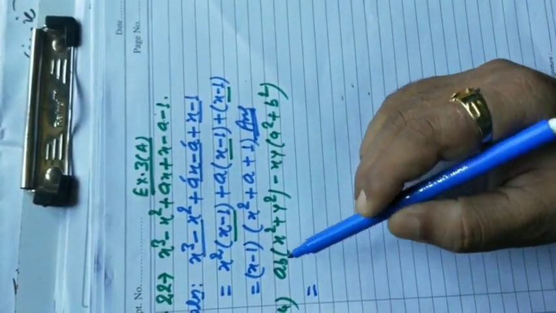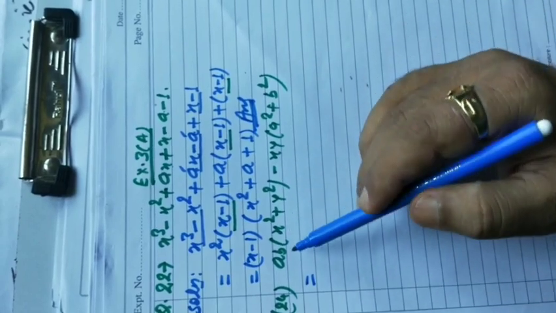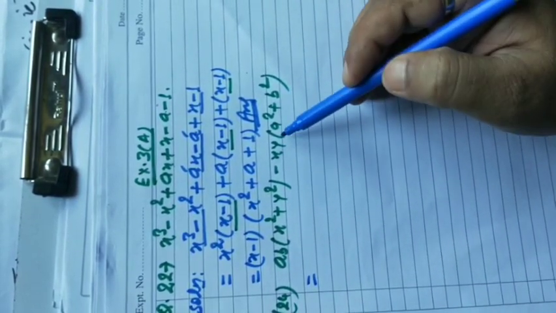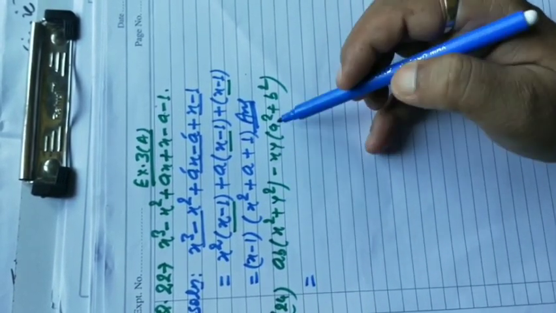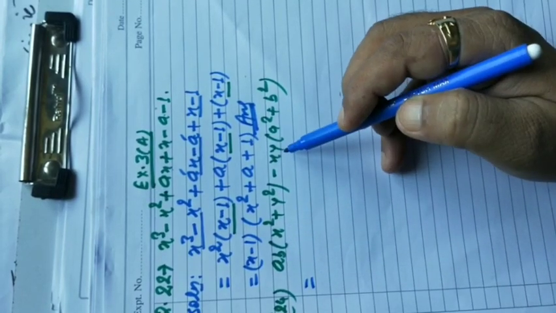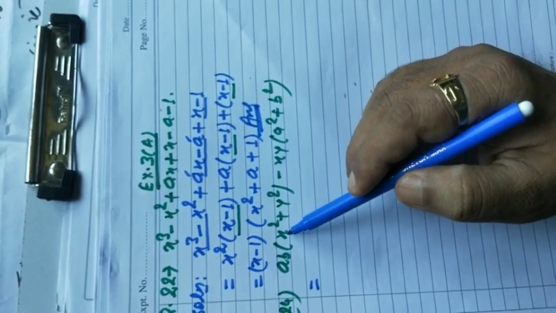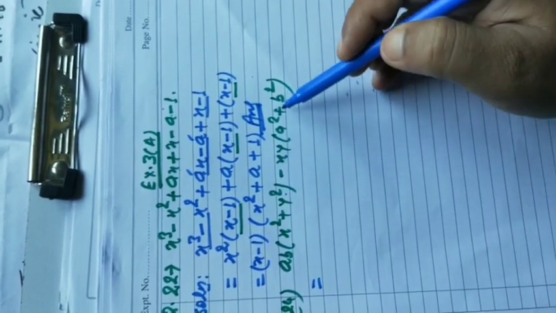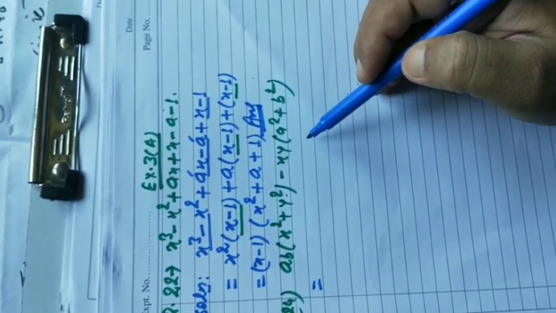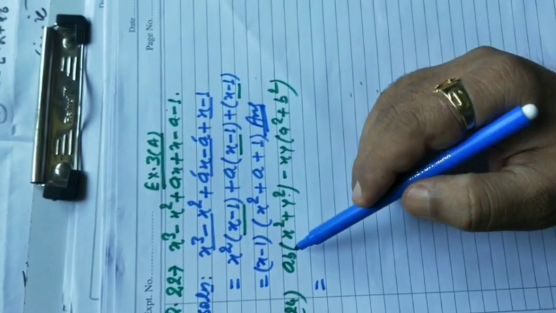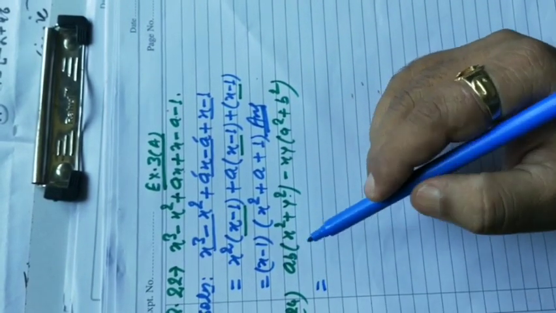So let us factorize it. First, see, there are 2 terms in this expression and nothing is common. ab is here and in the second term xy is here outside, and x² + y² is here and a² + b² is here. So nothing is common. So let us first multiply it.